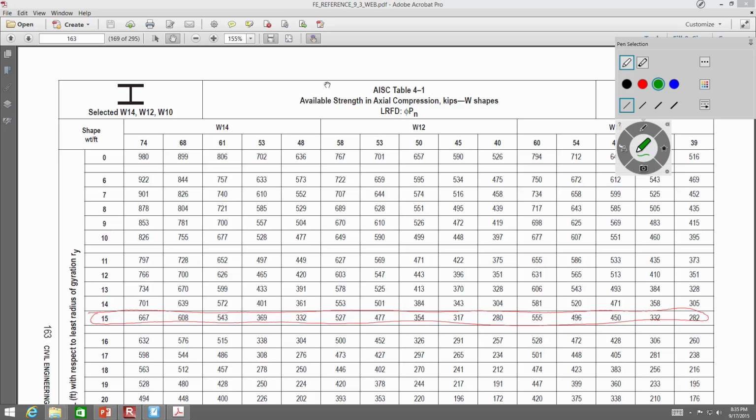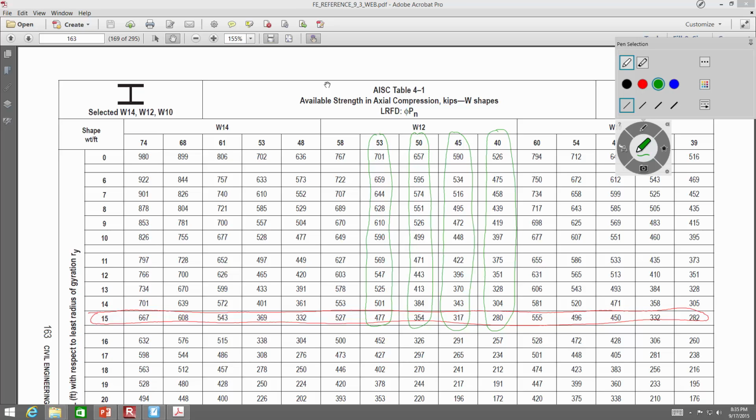So that's going to be this, that, that, and that one, right? Y'all see what I did? I'm basically just finding the intersections there. So what this is telling me is, if I look at the W12 by 40, if the column is 15 feet long, it can hold up 280 kips.